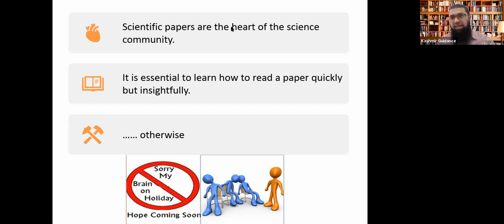In the scientific arena, your scientific temperament is calculated on the basis of your research outputs, and those outputs usually come out in the form of research papers. So it is essential to learn how to read a scientific paper quickly but insightfully.